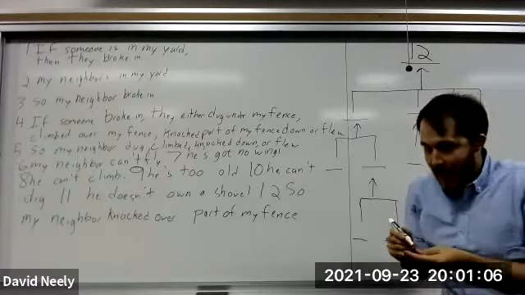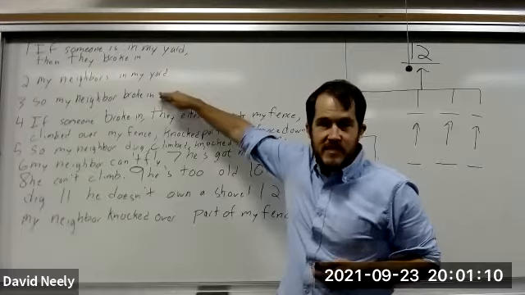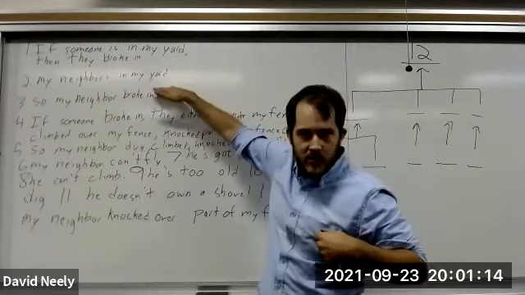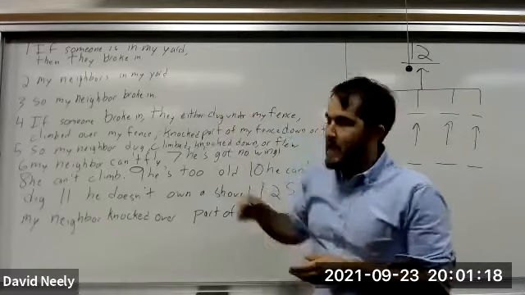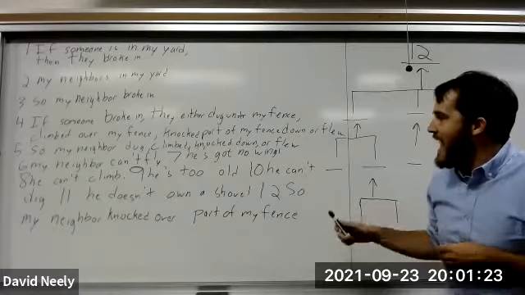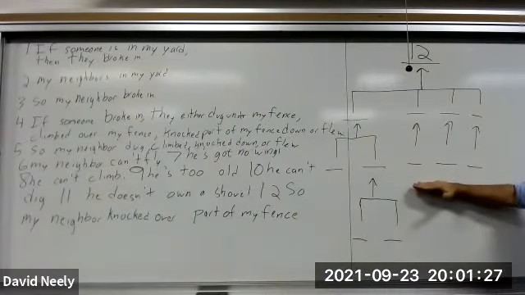And why? Nat is correct that this here is in some sense a conclusion of some of the other premises. It's just not the ultimate conclusion because not everything works us towards this point. However, to come to the conclusion that my neighbor knocked over part of the fence, everything else is involved somehow, which is what this picture is showing.